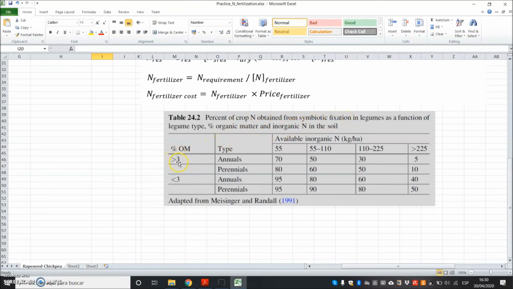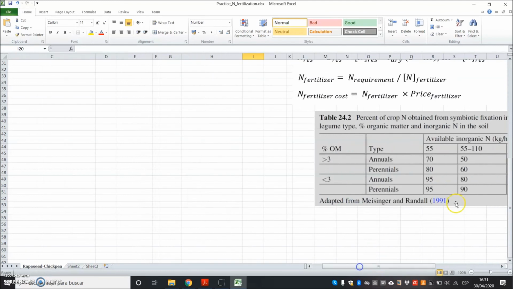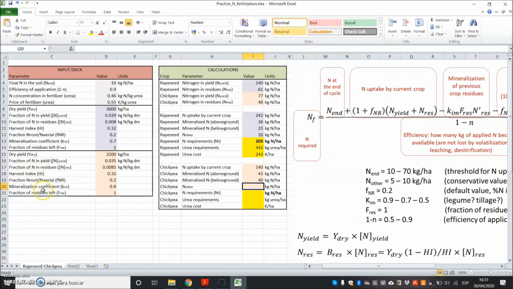And we need to take into account whether we have soil with higher or lower contents of organic matter than 3%. We are going to stick with an organic matter content below 3, and we should go to annuals. And also we need to take into account the availability of inorganic nitrogen in the soil, which is in the interval between 55 and 110, as we have said before. So 80% of the crop uptake will be obtained from fixation.